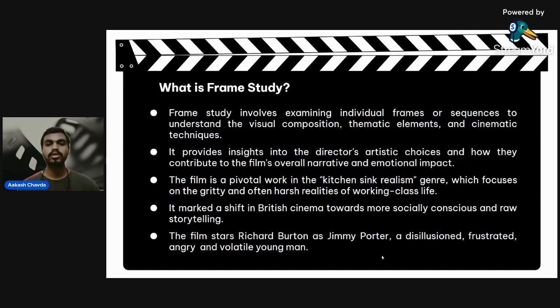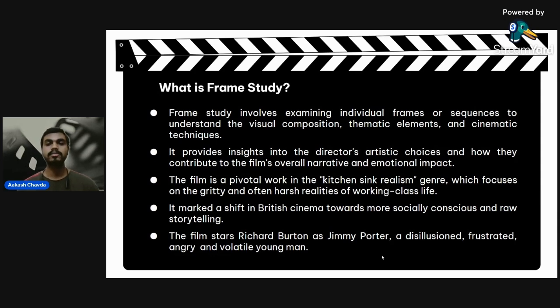If I talk about the plot line of the movie in brief, this movie is about Jimmy Potter, our protagonist, who belongs to the working class or lower middle class family, and his wife Allison, who belongs to the upper middle class family.